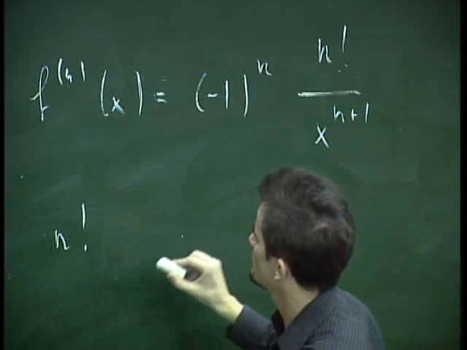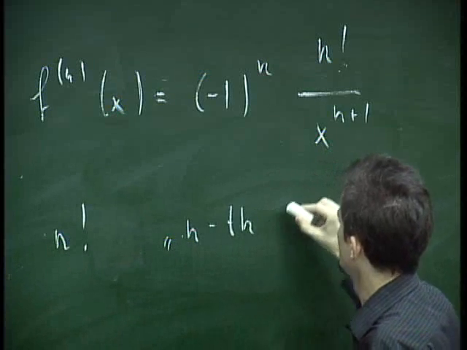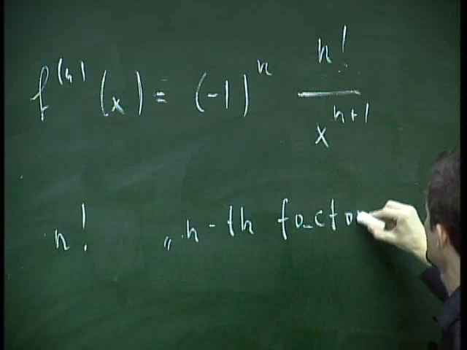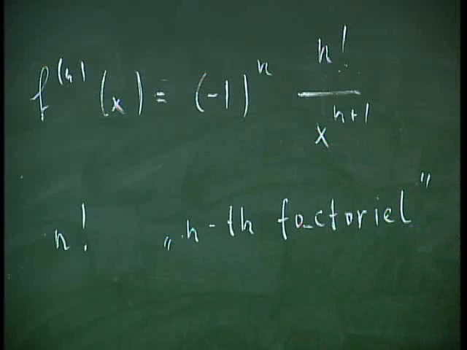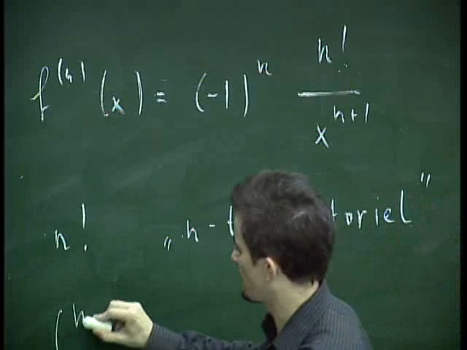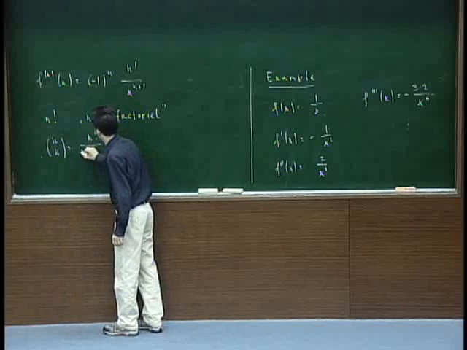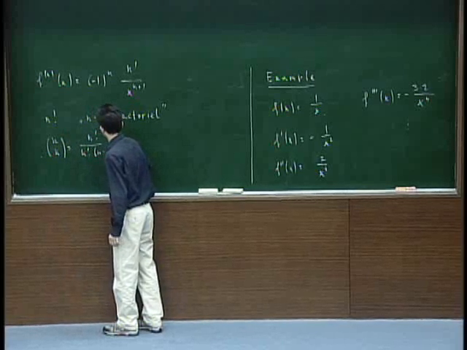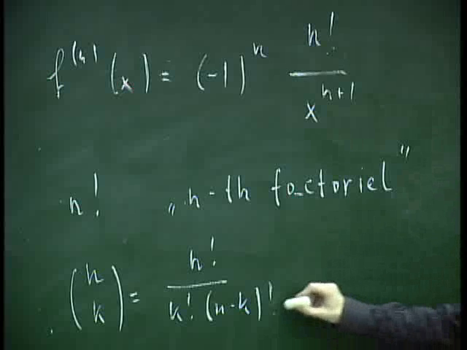Just in case you haven't heard it in English, this is called n factorial. For instance, you know that the binomial coefficient is equal to n factorial over k factorial times n minus k factorial. That's what you have learned in high school.